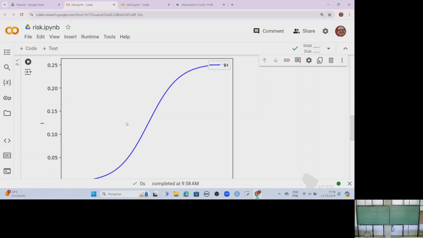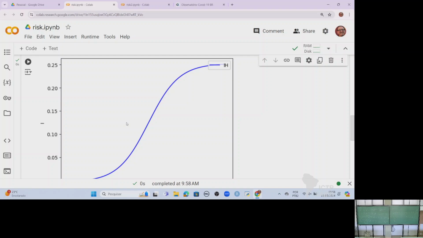Yes, there is contact between the populations. So that's true. That's why in the previous example, some people from the low risk group actually got infected, because they had contact with the high risk group. If this were 0, then there would be no contact.